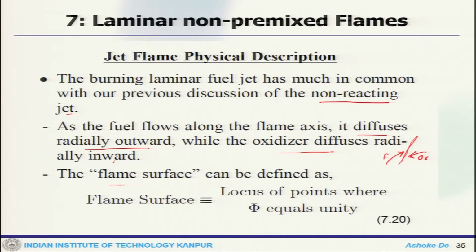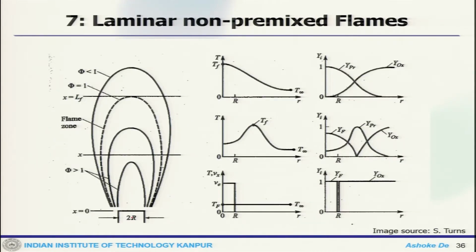This is exactly what the flame surface is: the locus of points where phi equals unity, that means the stoichiometric condition. Now, this is the burning jet, this is the jet diameter and jet exit or the nozzle exit, and this dotted line.